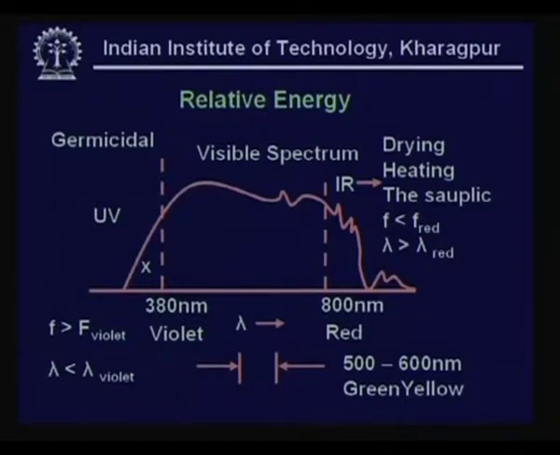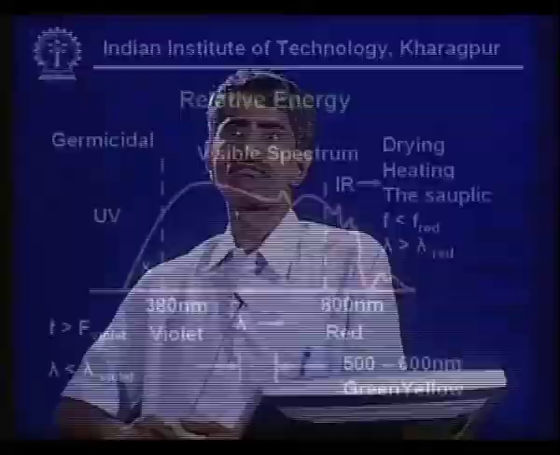We have a region whose wavelength is less than the wavelength corresponding to violet. That is what we call ultraviolet, and the frequency and the wavelength are inversely related. It must be mentioned here that, being an electromagnetic spectrum, it propagates at the same velocity as the velocity of light in free space, which is 300 meters per microsecond.